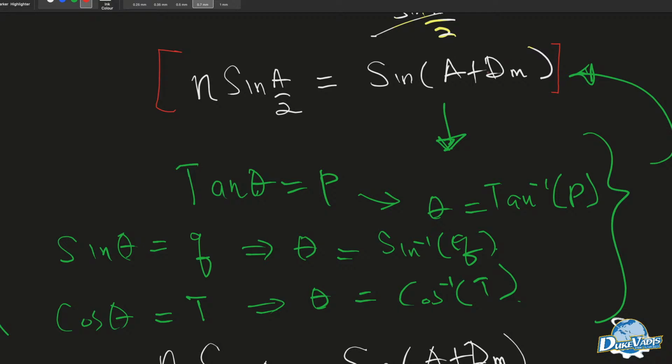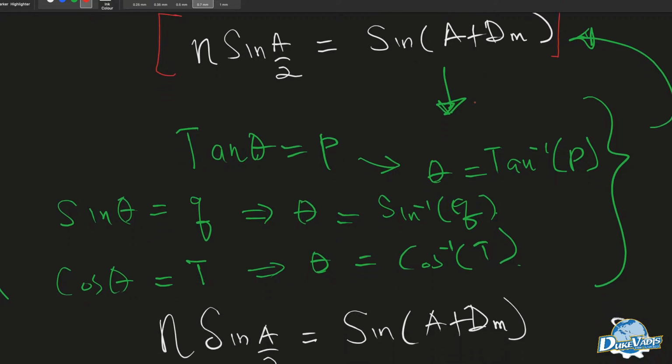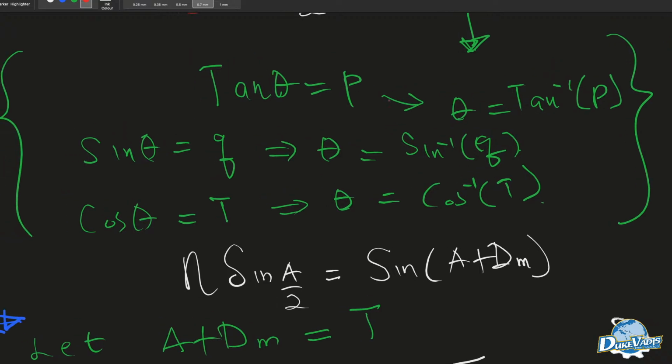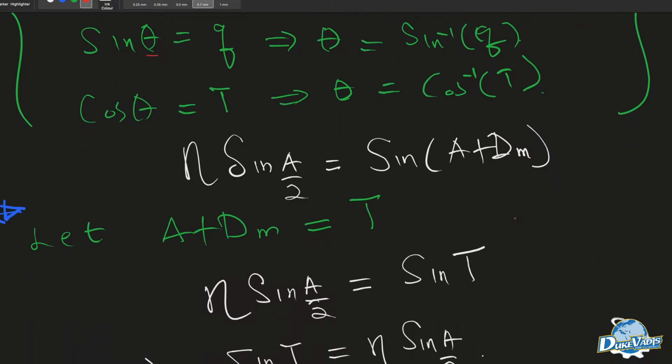Then, for me to work it out on the right hand side, I explained this principle: if tan theta is equal to P, to find the angle theta we say theta is equal to tan inverse of P. Likewise, if sine theta is equal to Q, theta is equal to sine inverse of Q. In the same way, if cos theta is equal to T, theta is cos inverse of T. Obviously, we applied the same principle here.